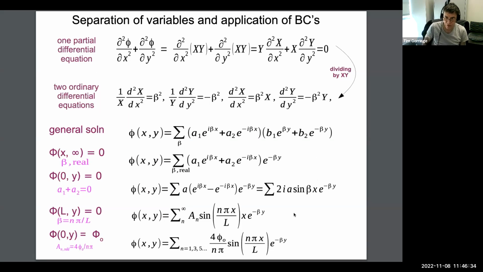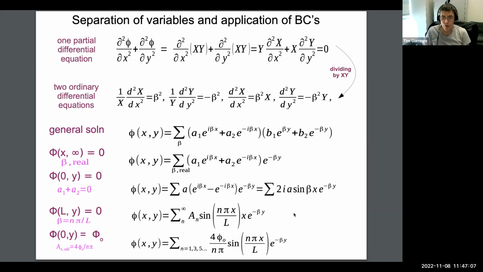Okay, so this looks like a scary, horrific slide. It is sort of a scary and horrific slide. It contains all the details of the solution of this problem, from starting with Laplace's equation, the partial differential equation, to the final solution expression for the electrostatic potential in the region inside the box.